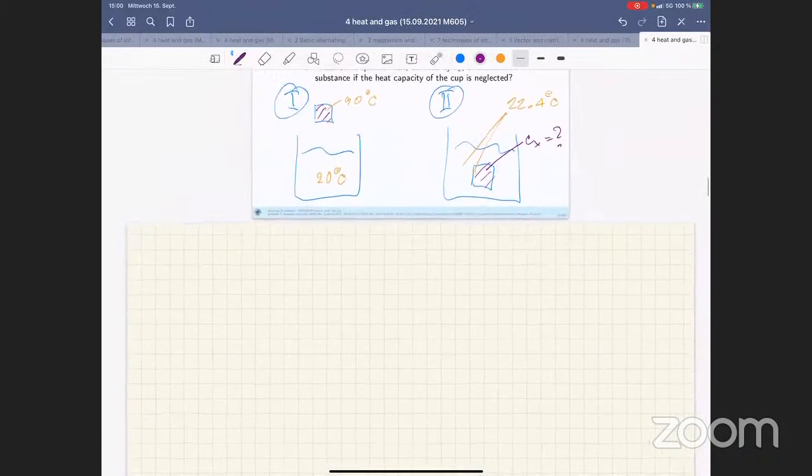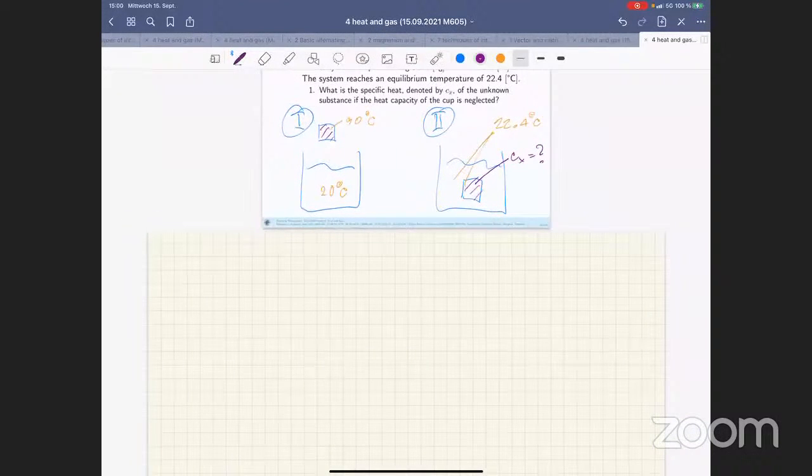The law of energy conservation means that there is no heat loss or energy loss at all in the whole system. We assume there is no energy escaping from the system.